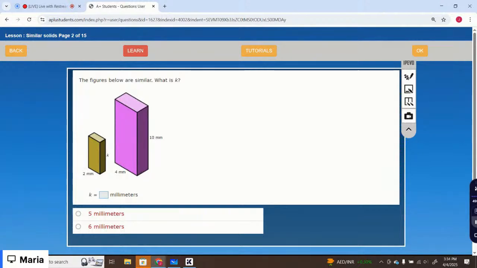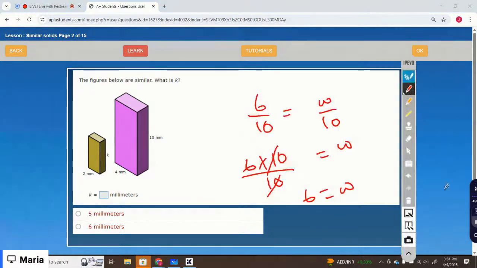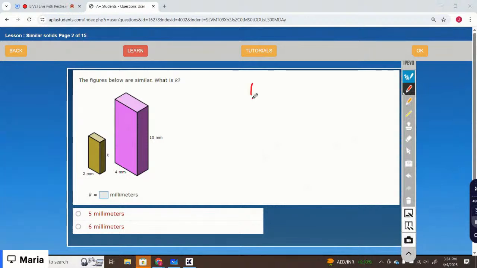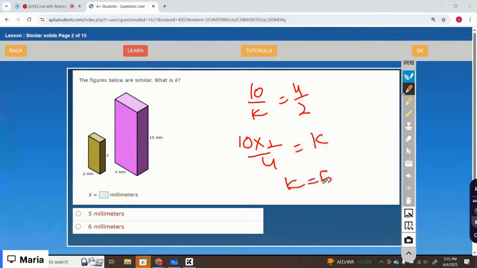The figures below are similar. What is K? So which is the correct option? 10 over K equals 4 over 2. So K equals 10 times 2 divided by 4. So K equals 5.